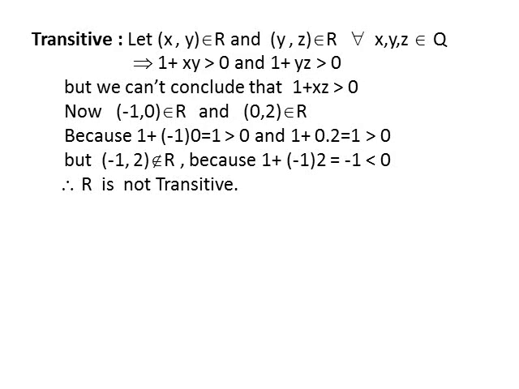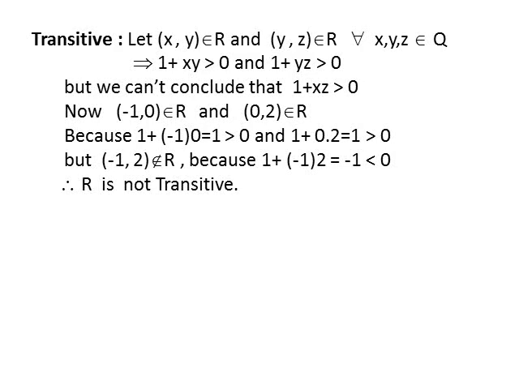Here, we need to give one counterexample which doesn't satisfy the condition of transitivity. Let's take the ordered pair (-1, 0) belongs to relation R and ordered pair (0, 2) belongs to relation R because 1 plus (-1) times 0 equals 1, which is greater than 0, and 1 plus 0 times 2 equals 1 is also greater than 0.